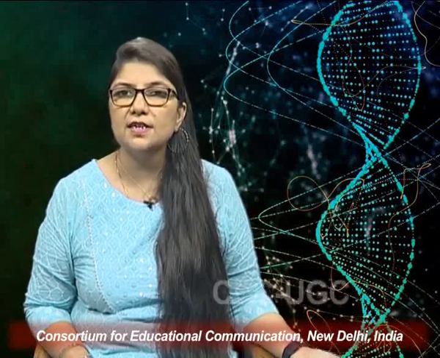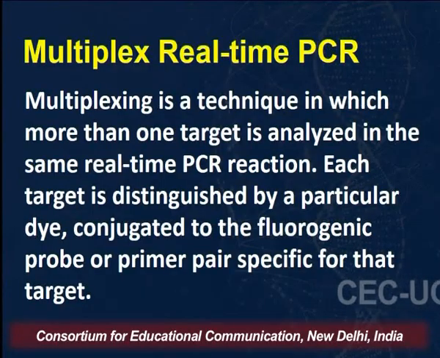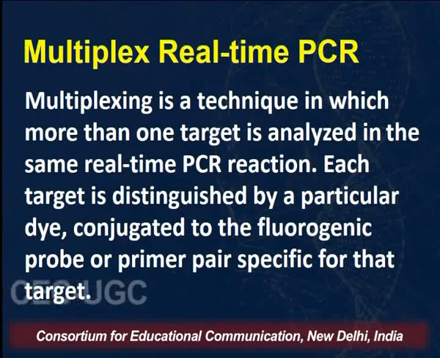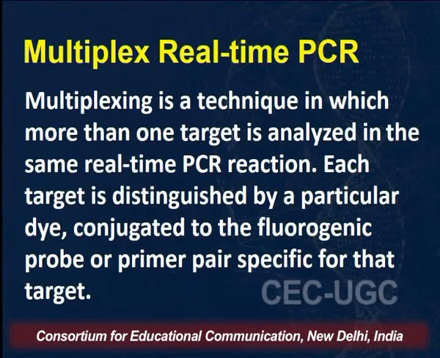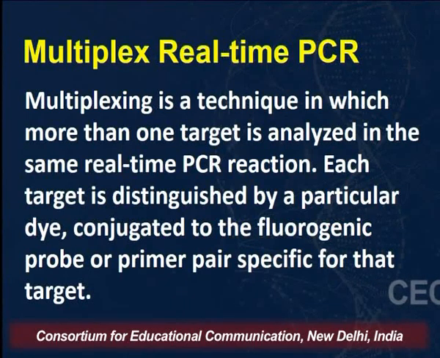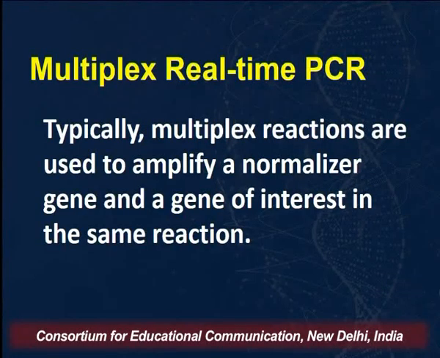So multiplexing is a technique in which more than one target is analyzed in the same real-time PCR reaction. Each target is distinguished by a particular dye conjugated to the fluorogenic probe or primer pair specific for that target. This multiplexing gives us an advantage because typically these reactions are used to amplify a normalizer gene and a gene of interest in the same reaction.